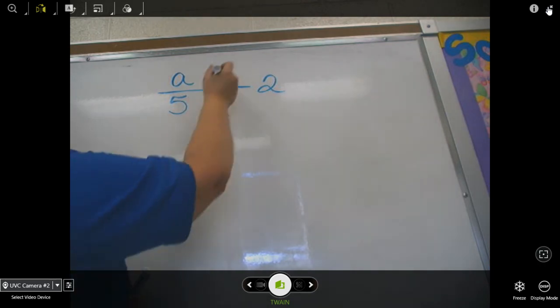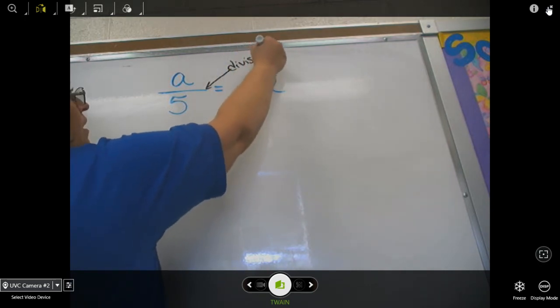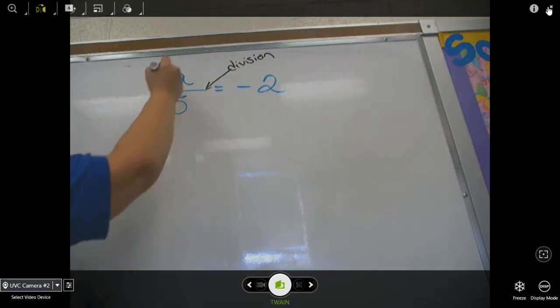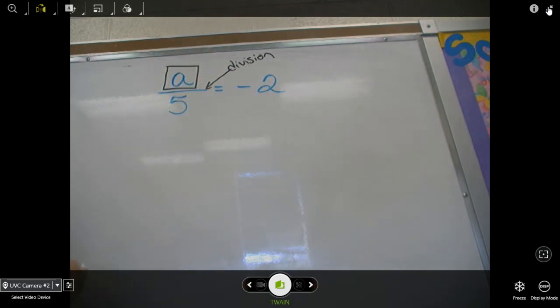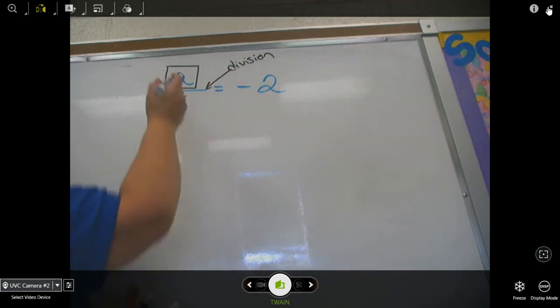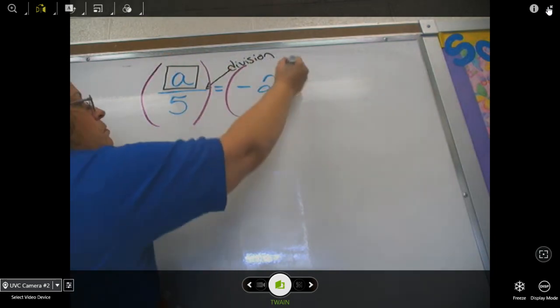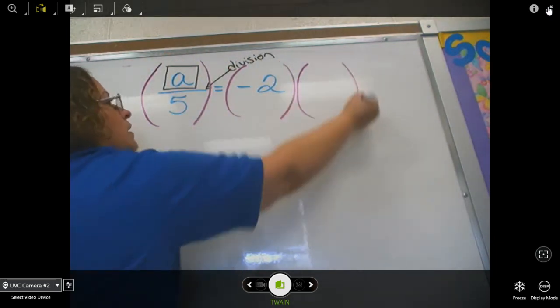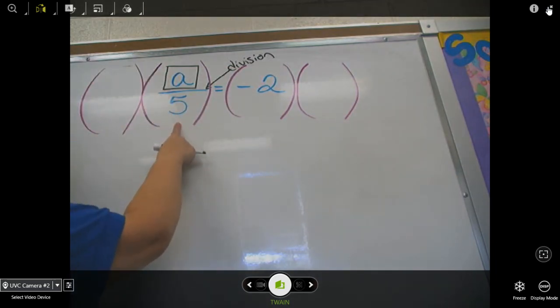Okay? So this right here is division. So the opposite is multiplication. Now remember, we got to quarantine the variable. We have to social distance, so we got to get everything away from it. So now the opposite or the inverse of division is multiplication. So I'm going to multiply both sides by whatever's in the denominator.